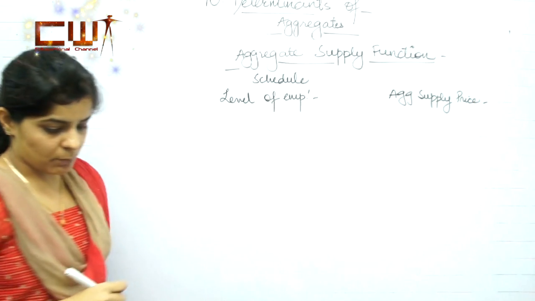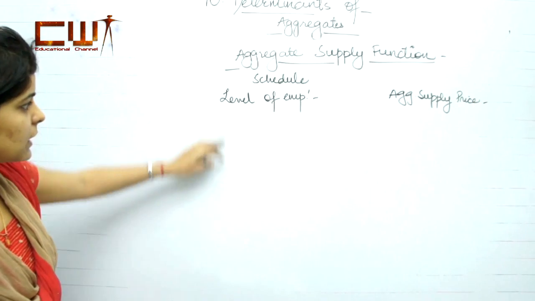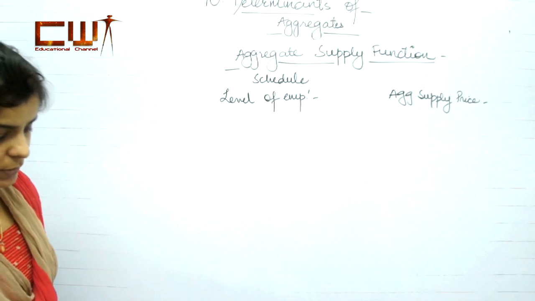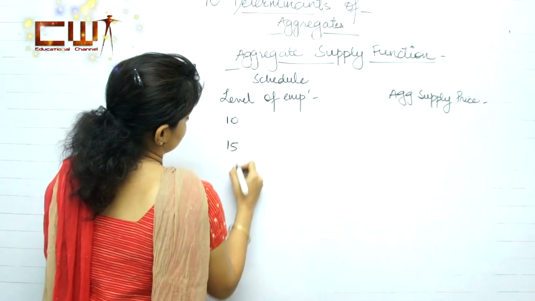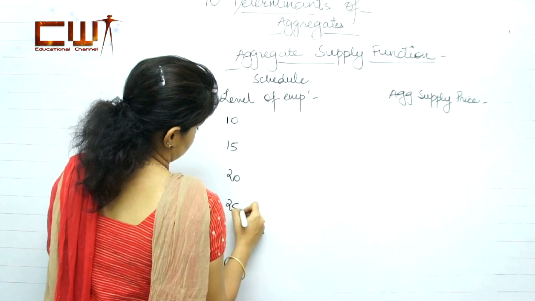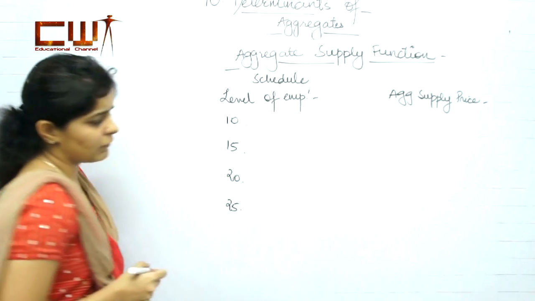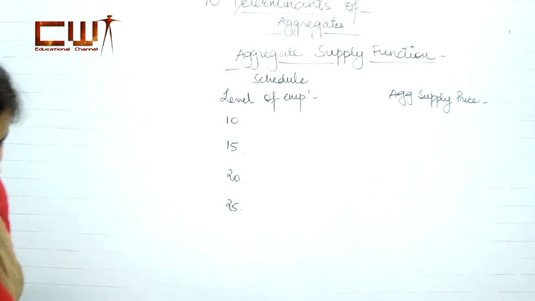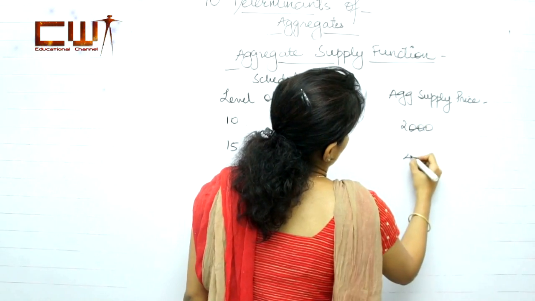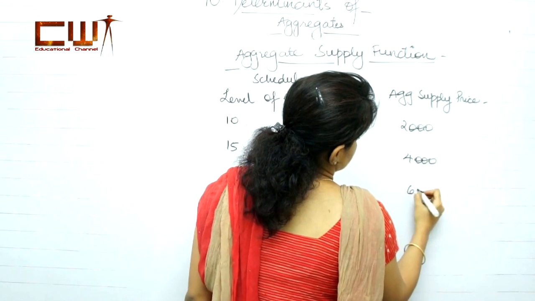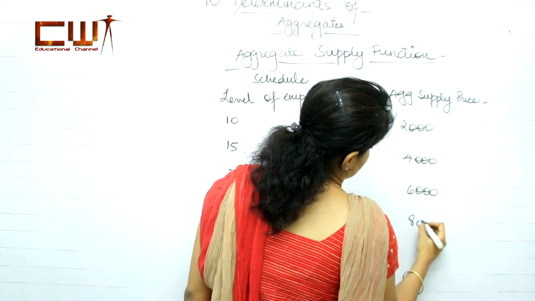The level of employment is workers. You know, level of employment means workers: 10, 15, 20, 25. Then you have the aggregate supply price: 2000, 4000, 6000 and 8000, or whatever you want you can take.